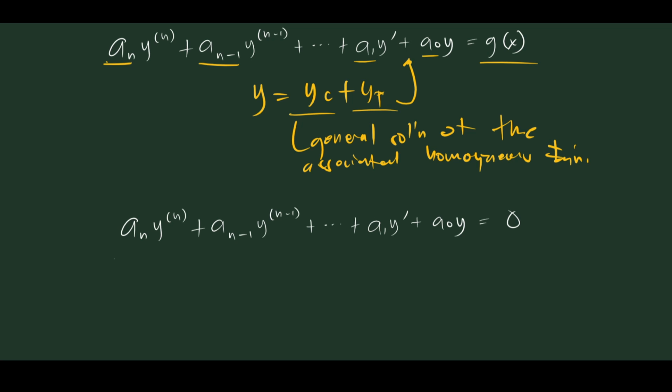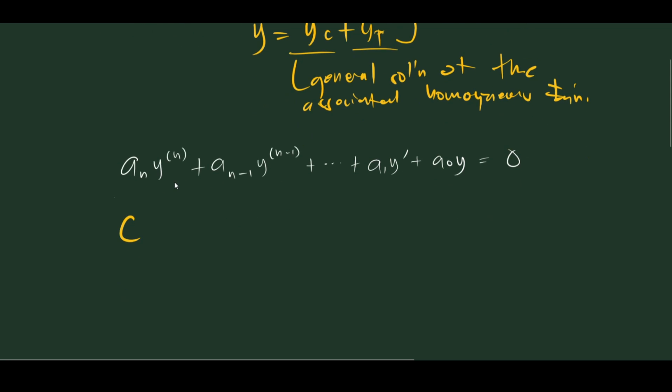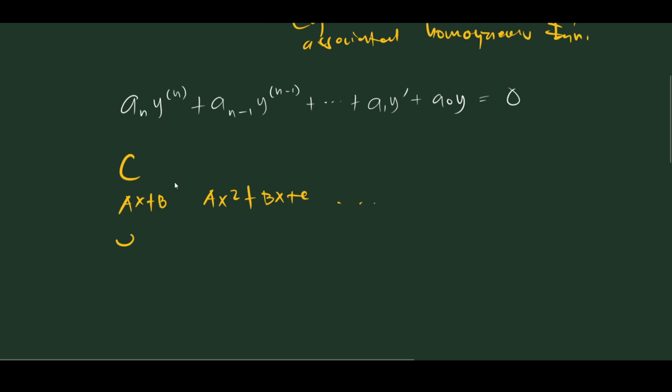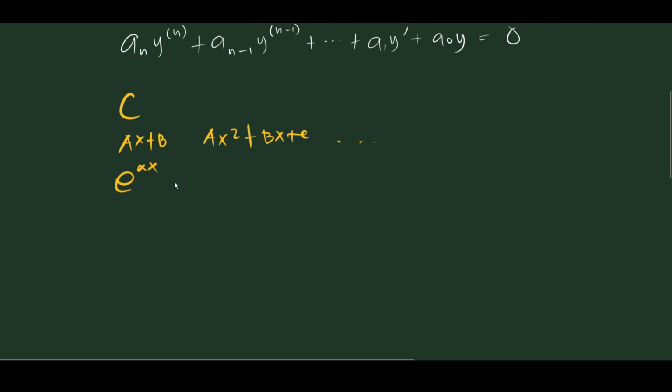types of functions. So we have a constant c, we have polynomial functions, so we have linear functions ax plus b, or quadratic functions ax squared plus bx plus c, and so on with increasing degrees. And we also have the exponential function e raised to alpha x.